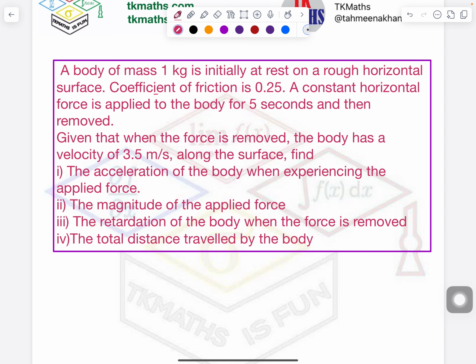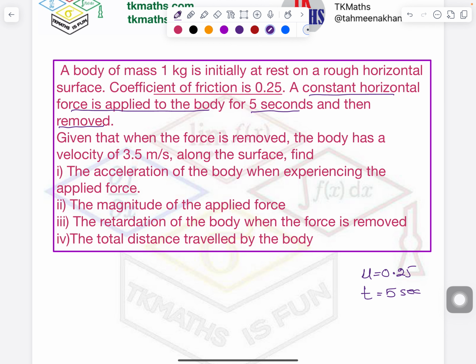So first of all, the coefficient of friction is 0.25, given to us in the question. Let me write it here. What else is given? A constant horizontal force, now this is important, is applied on the body for 5 seconds, and then removed.